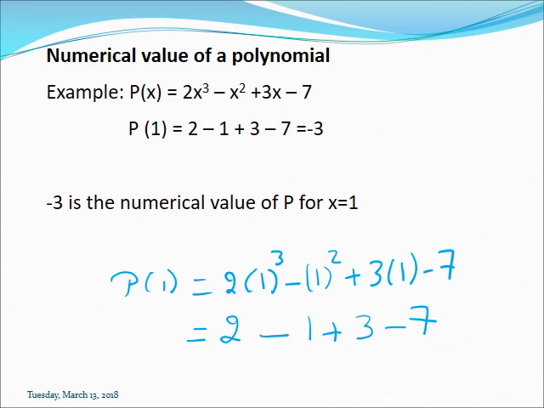So 2 plus 3 is 5, minus 1 is 4, minus 7 is minus 3. So P of 1 equals minus 3.